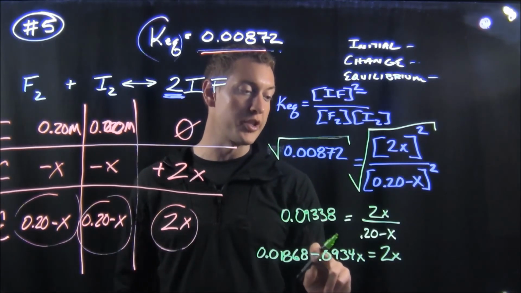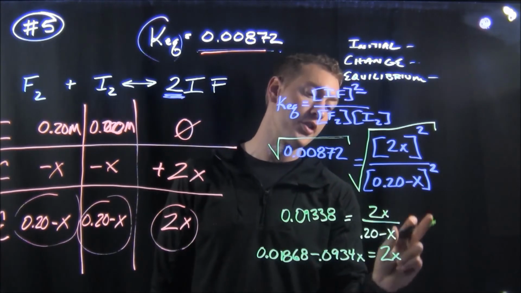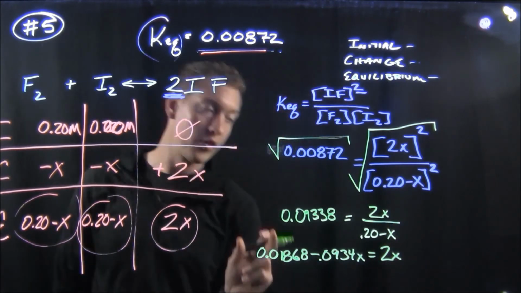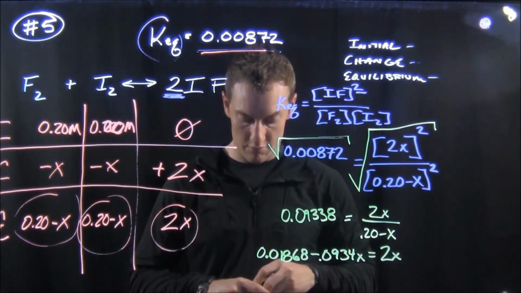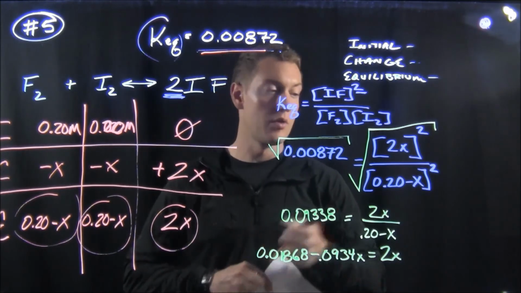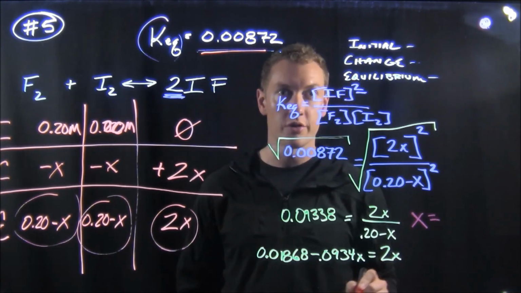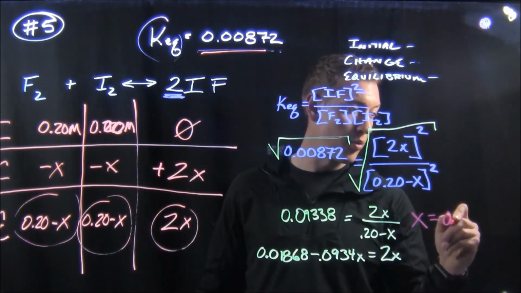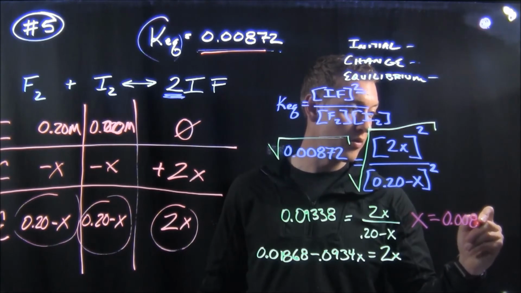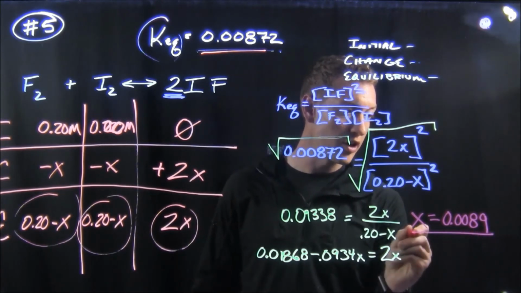And add that 0.0934x over to the other side, then divide the 0.0934 over to there, and we end up with x equals 0.0089. So that's our x value.